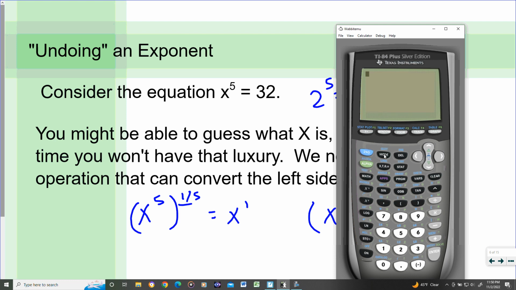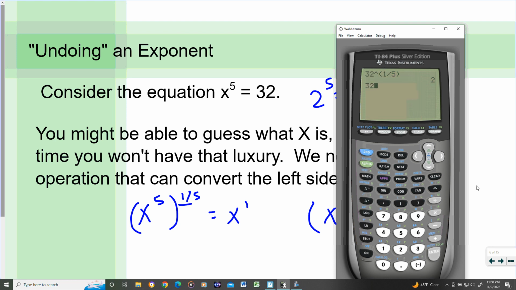Many calculators will have 32 exponent and then it's all in one line. If you have a calculator like this, you must put the exponent in parentheses. And we get the correct answer of 2.